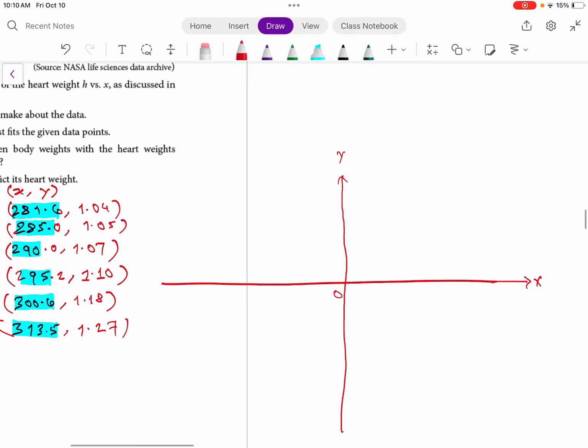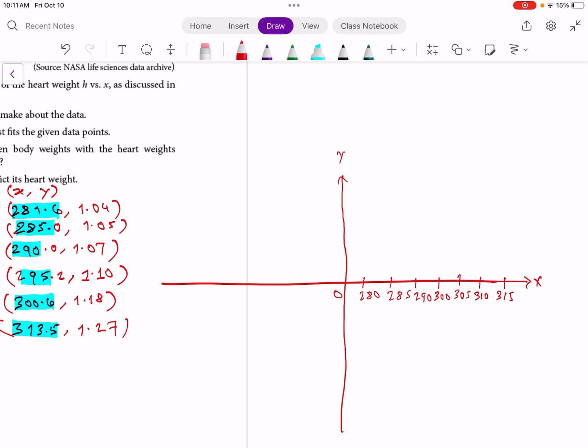So let's say this is our 280, then 285, 290, 300, 305, 310, 315. Okay, make sure you include the smallest. So smallest is 281.6 and the biggest number is 330. Okay, make sure you have those numbers on your x-axis.